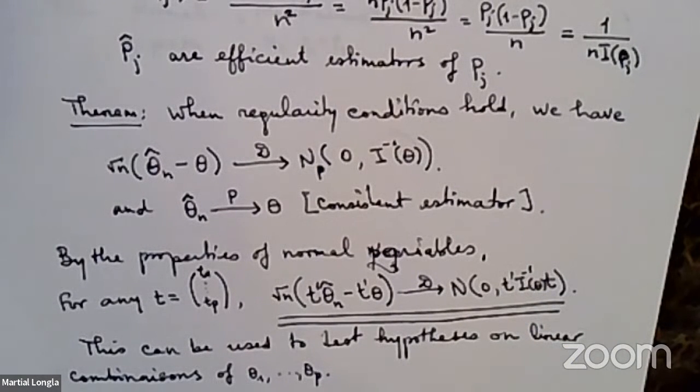This is a theorem that we had in 575. What was it called? The delta method? No, it wasn't the delta method. It is just linear combinations, when we showed that a linear combination of normals is normal.